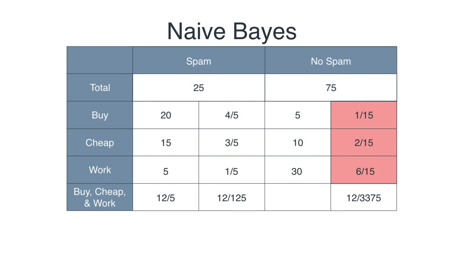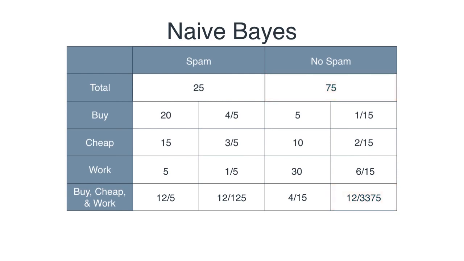So in order to find the total number of emails that are not spam that contain the words buy, cheap, and work, we multiply the probability that they appear times the total number of emails, and we get that 4 out of 15 emails are not spam and contain the words buy, cheap, and work, because 75 times 12 divided by 3375 is 4/15.